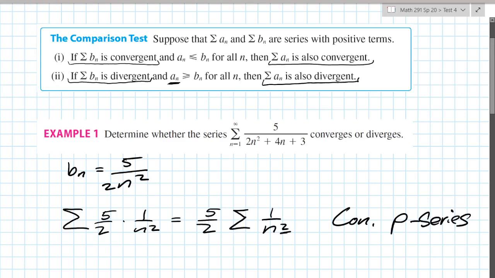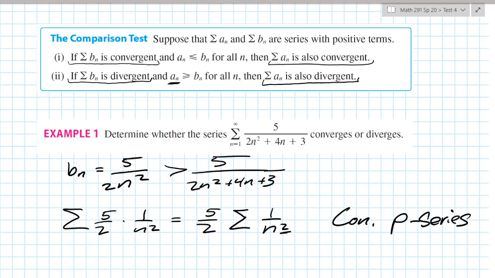So is this b sub n always larger than the a sub n? The answer is yes. Notice we don't have to do anything too fancy. Everything is the same except for these terms right here.